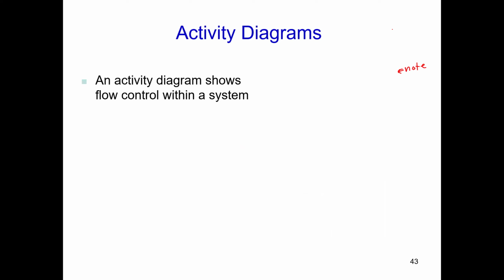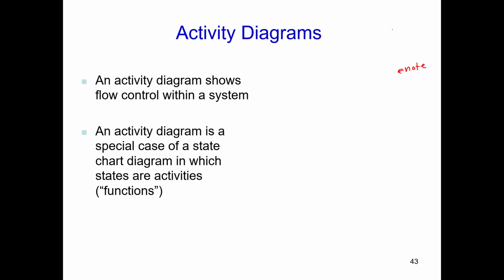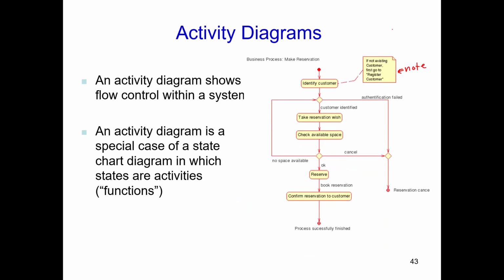Okay, one more, which is the activity diagram. As I said, this one is more like a flow chart. It shows the flow control within a system. An activity diagram is a special case of a state chart diagram in which states are activities or functions. So if you're familiar with flow charts, these are very similar to a flow chart.